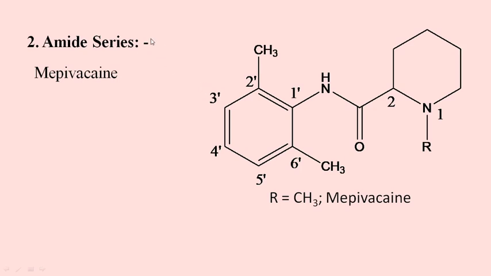Ester series are generally short acting, and only a few are long acting, and the amide series are intermediate or long acting. Its pharmacological properties are similar to those of lidocaine. Lidocaine is also an amide, and lidocaine is the prototype in the amide series. Mepivacaine, however, is more toxic to the neonate, and thus it is not used in obstetrical anesthesia.